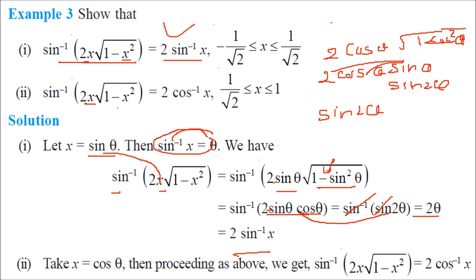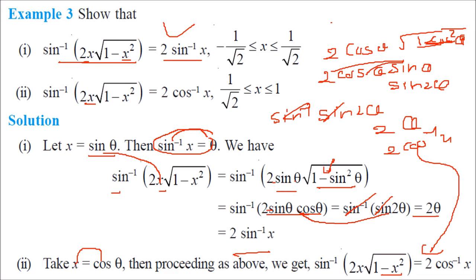So sin inverse sin 2 theta, the sine inverse cancels. So you are left only with 2 theta. But theta here is what? Cos inverse x. This becomes 2 cos inverse x. This is the relation.